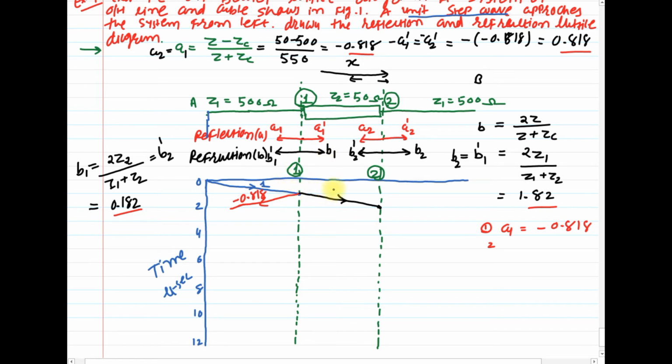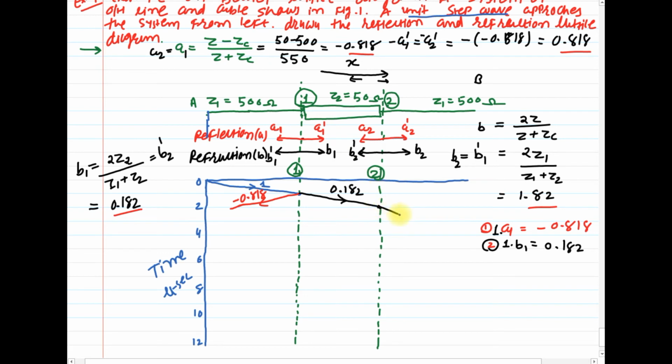So b1 into 1, and b1 is equal to 0.182. If you wish you can write 1 into b1 over here. Yes, 1 into a1, 1 into b1 which is equal to 0.182. Clear?